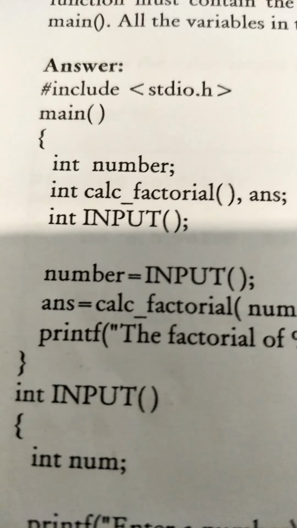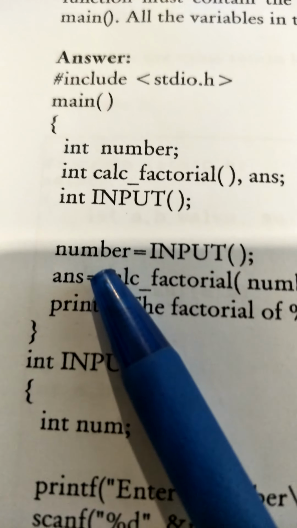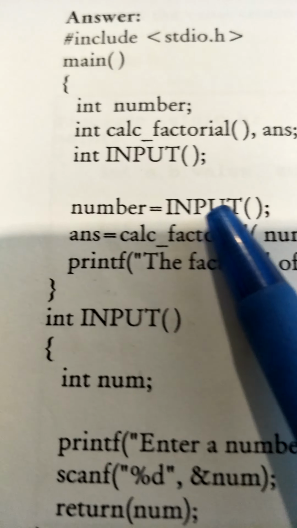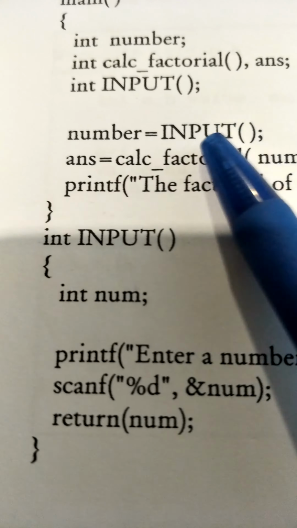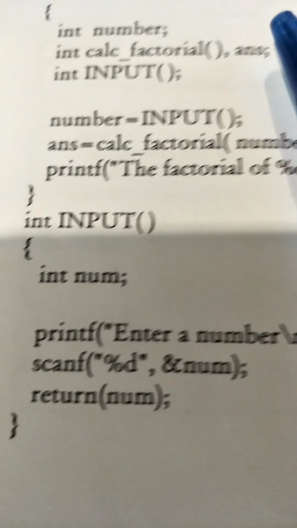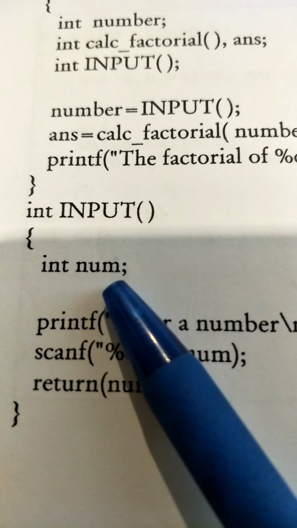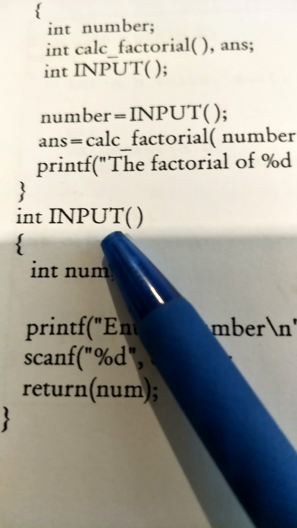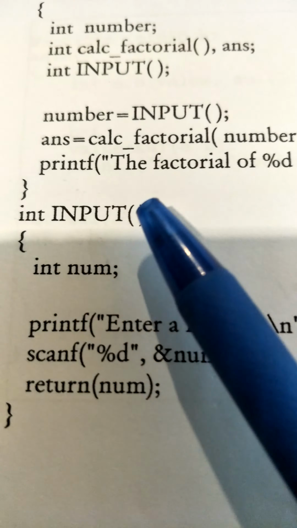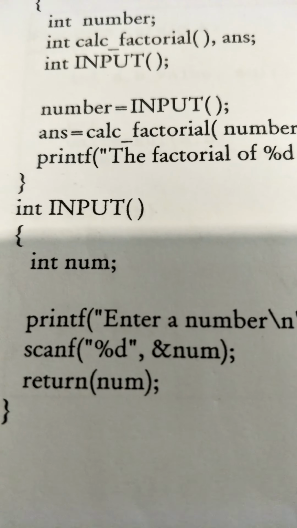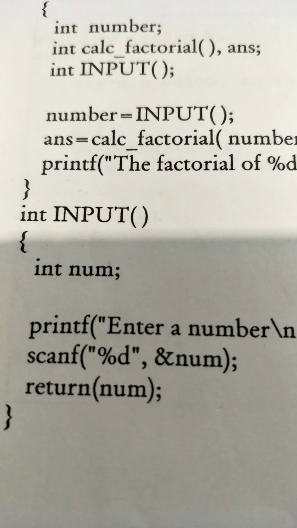Now, if you go into the detail of the programming, input is a function. When the compiler sees this, it goes directly to that function. In this case, input has no argument, which means no value is passed from the main to the function, but there is a return value from the function to the main.